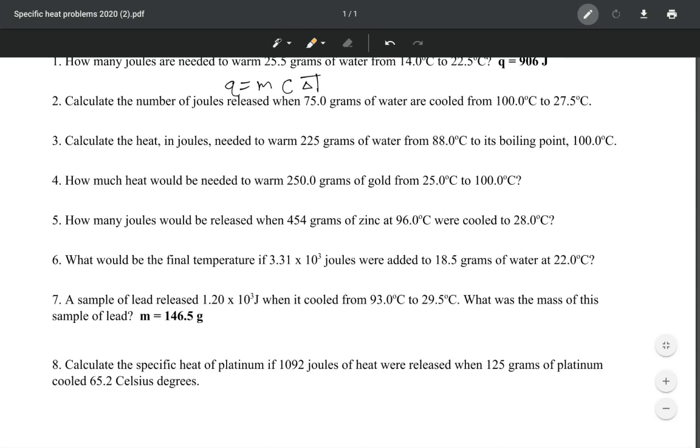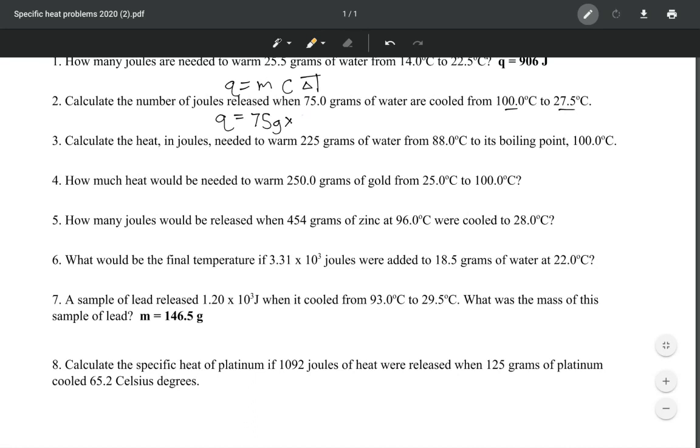So in problem number 2, we're trying to calculate the number of joules, which is Q, released when 75 grams, that's our mass, of water cools between 100 and 27.5 degrees Celsius, so that's going to be liquid water.